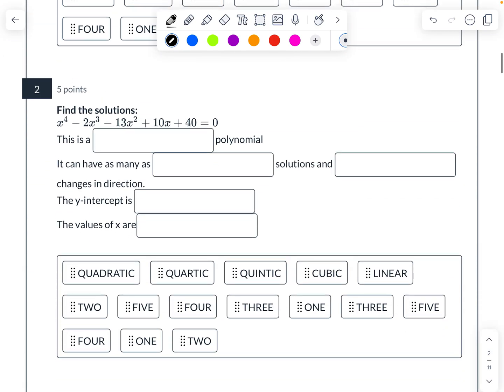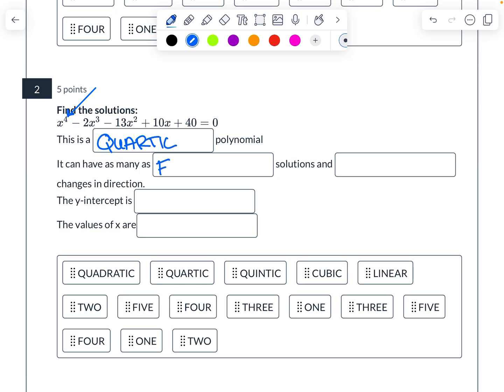We go to number 2. Again, when we look at number 2, we notice our highest power here is a 4. If it is a 4, this is a quartic.